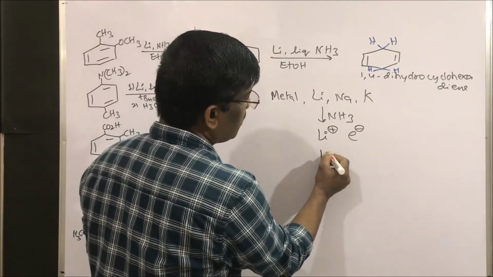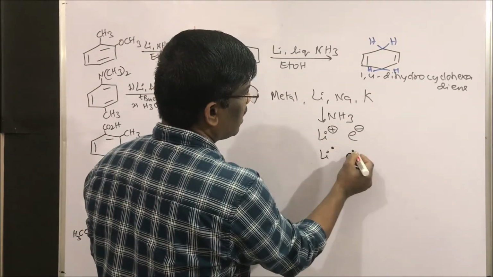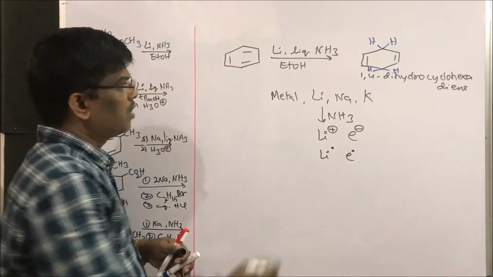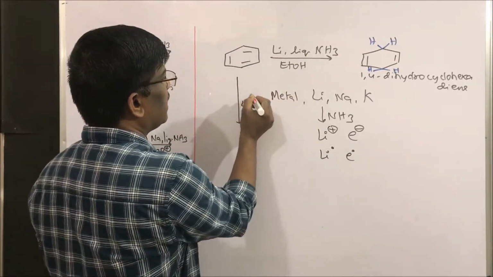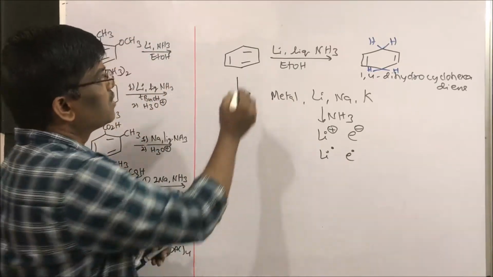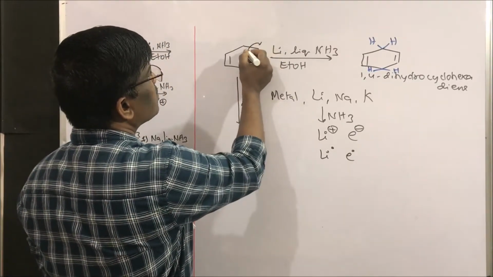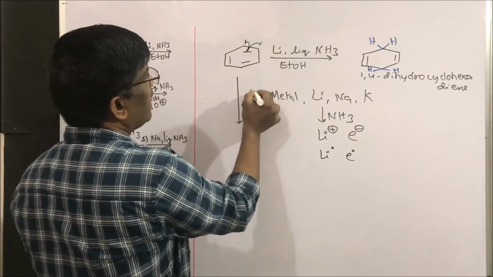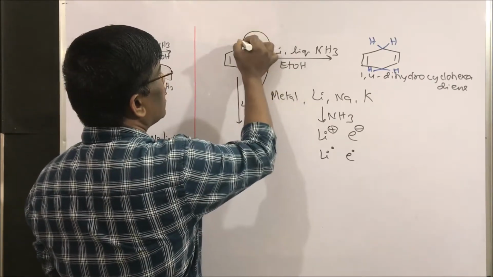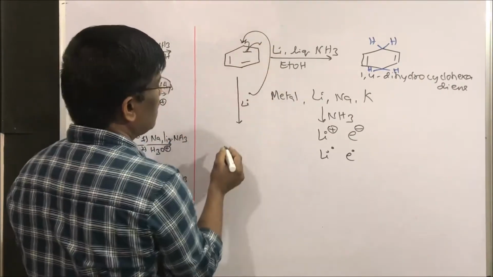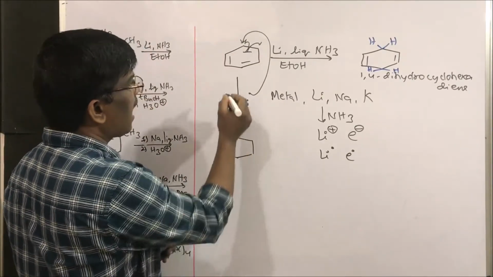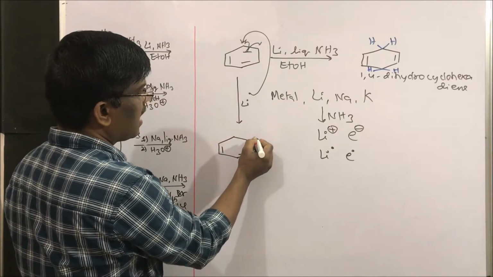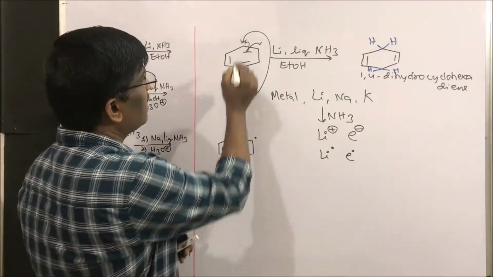So this lithium radical comes here and gives one electron to the ring, to give a radical anion.